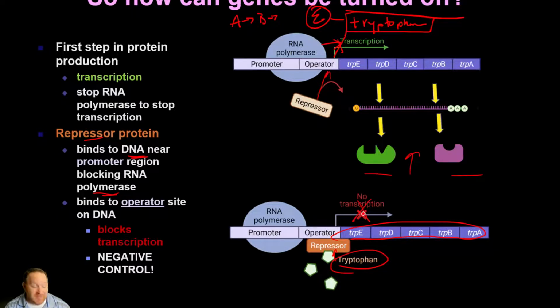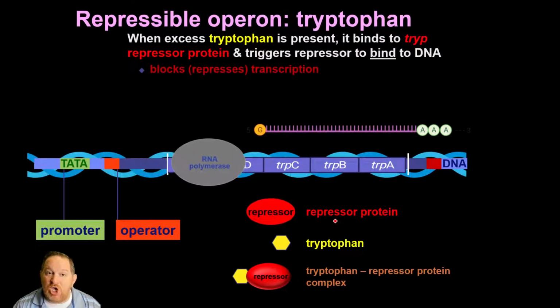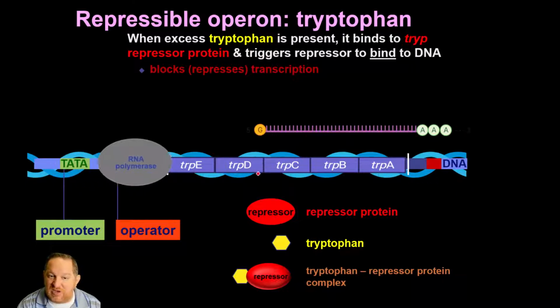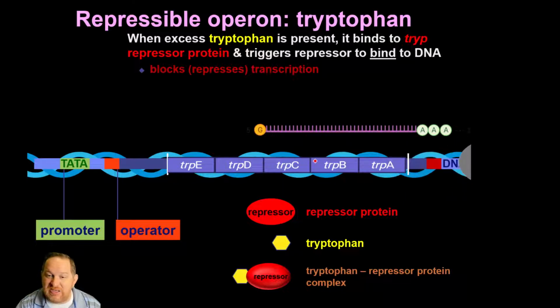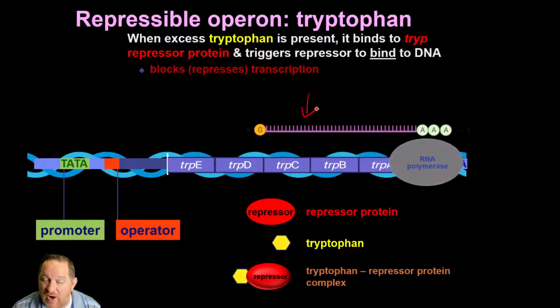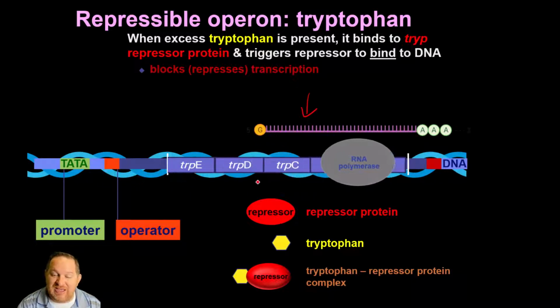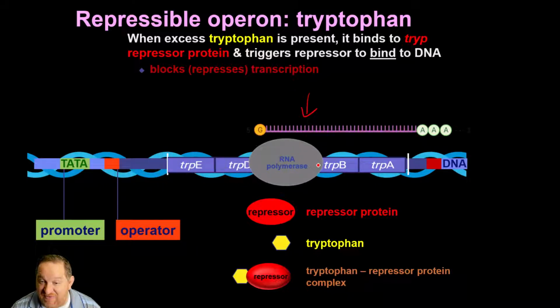Okay, so I'm going to go over this specific example in a little more detail here. So tryptophan is a repressible operon. Normally notice what RNA polymerase is doing. RNA polymerase moving down the DNA, making this nice messenger RNA for us, right? Here's the operon to make all these tryptophan enzymes. Well, what happens when we have enough of this done?